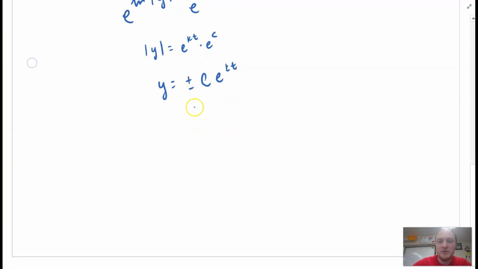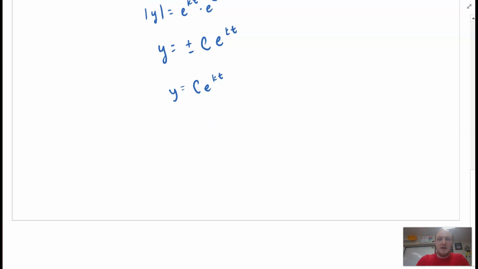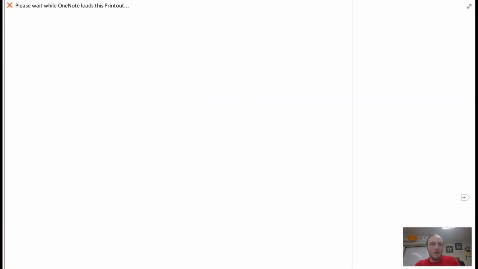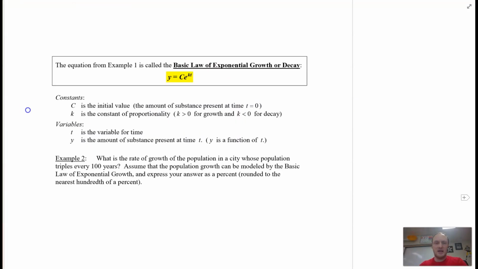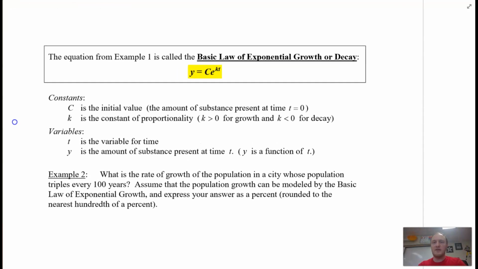And since I have plus or minus a c, I can just call that again a c, and we get our equation. So y = c e^(kt). All right, and what we have here is a basic law of exponential growth or decay. So there is our function.